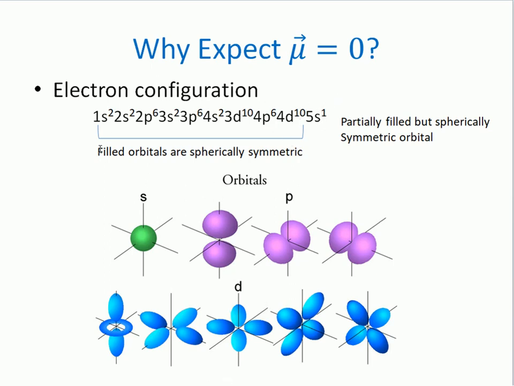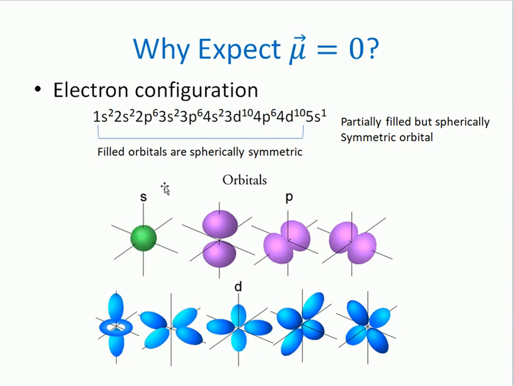Now, the thing about these filled orbitals is that the filled orbitals in aggregate are spherically symmetric. Okay, but what about this 5s1? Well, quantum mechanics, so we're jumping ahead of ourselves, tells us it's a spherically symmetric orbital as well.